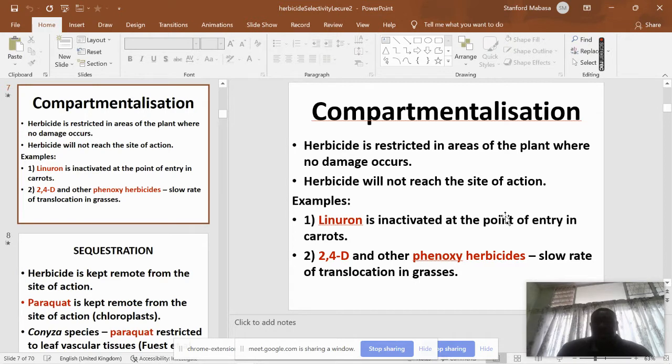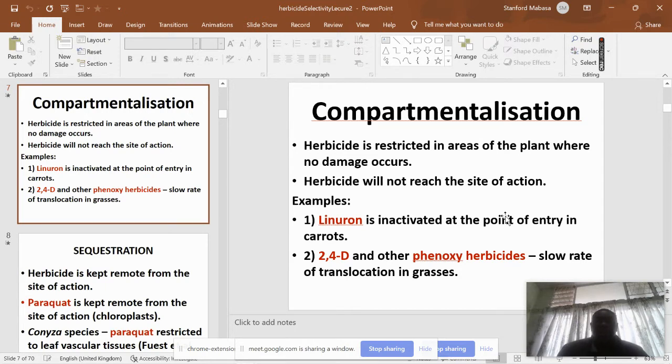Why doesn't 2,4-D kill grasses? It's because 2,4-D is very slow in movement in grasses, for example, wheat and maize. Therefore, we can use 2,4-D to kill other weeds in wheat and maize, because in the crops, its movement is very slow.